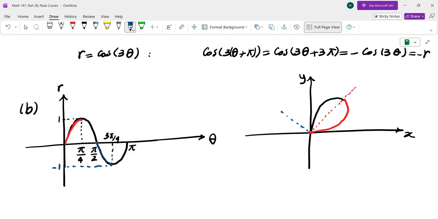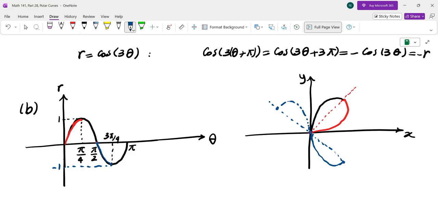So 3 pi over 4 is here, and r equals -1 would mean it would be on the other side, because for 3 pi over 4, 1 is on this side, but 3 pi over 4, -1 would have to be on the other side. So it would be like right here. So we would start from here because theta is pi over 2. And if it were positive, it would look like this. Now that it is negative, it would look like this.